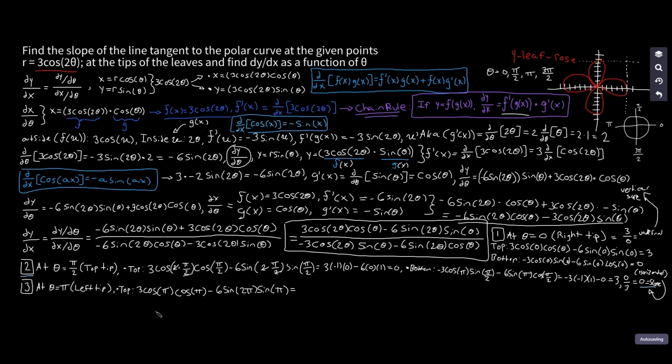Well, cosine of pi is -1. Oh, but first we need to take into account that 3. So we're going to have 3.